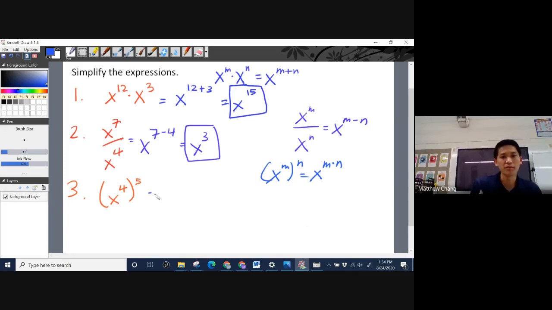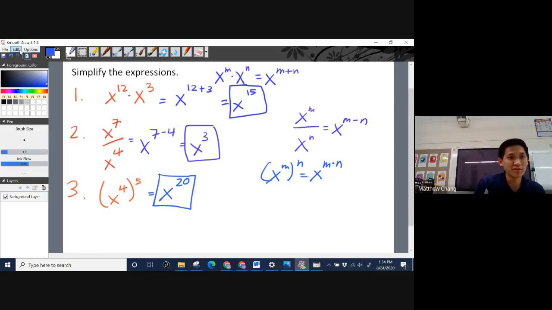So you just multiply the exponents. In other words, you're doing x raised to the 4th times x raised to the 4th times x raised to the 4th times x raised to the 4th times x raised to the 4th. So 4 times 5 is 20. That's how you would do that one.